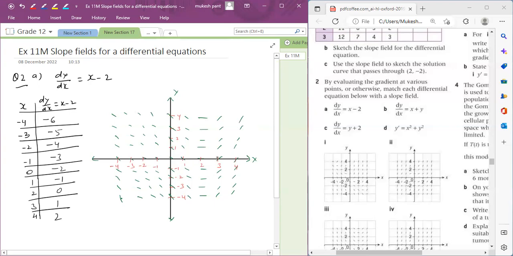So this is the slope field. Now we check which field in the question looks like this one.